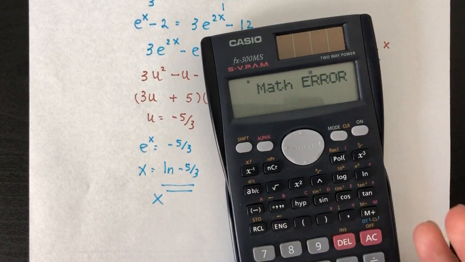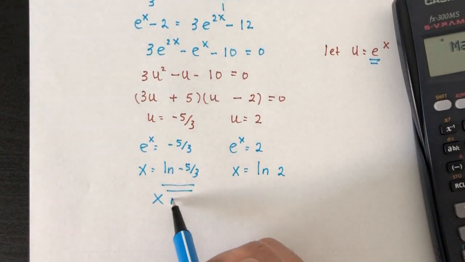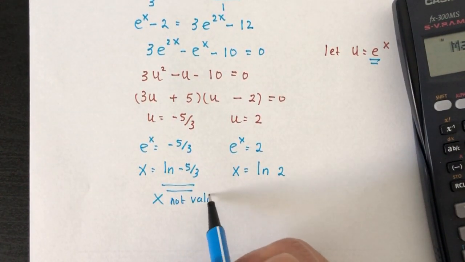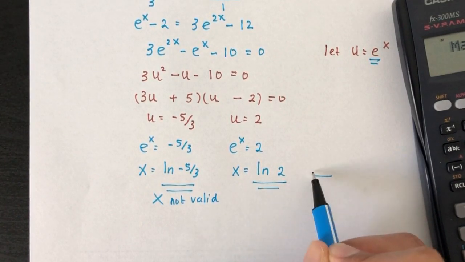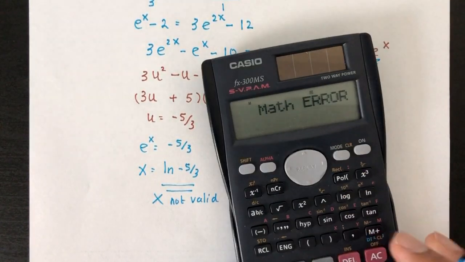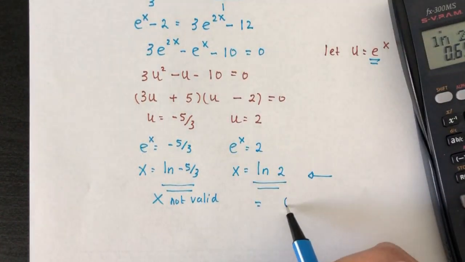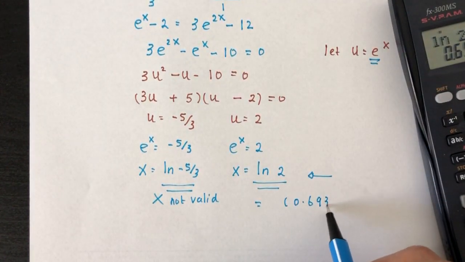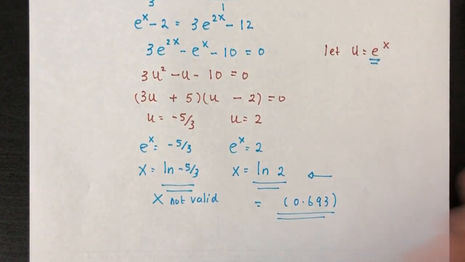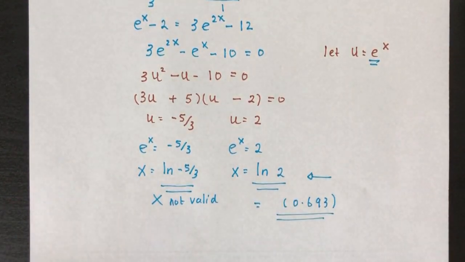It will give you an error. So this is not valid. Only this is your valid answer. If you want, you can also provide your answer in decimal places, or you can write 0.693 as your answer. That is your value of x for part 3.